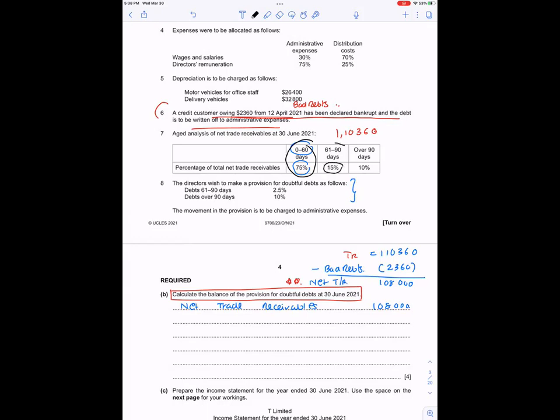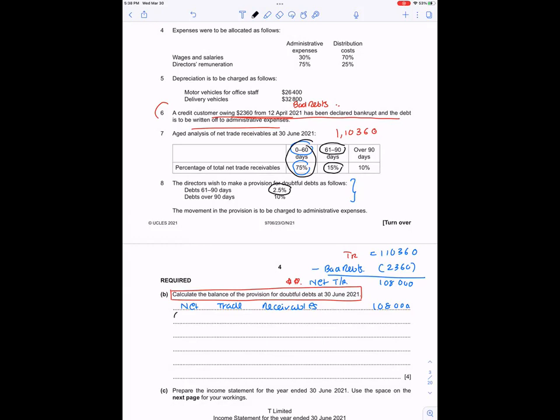15% of my trade receivables are 61 to 90 days. Any PDD for 61 to 90 days? Yes. How much percent? 2.5%. Okay.